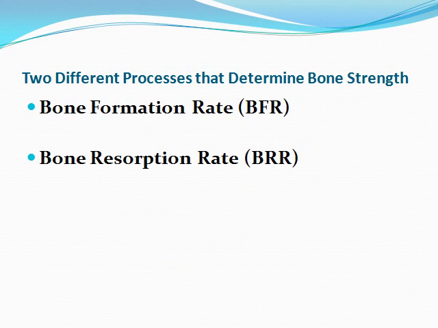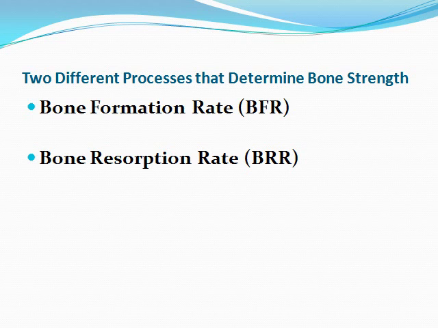So there are two different processes that we need to think about here. And these two processes play a role in determining the quality of bone, the bone strength, the resistance to fracture. And these two processes, either of which can become abnormal, are the bone formation rate, BFR, and the bone resorption rate, BRR.